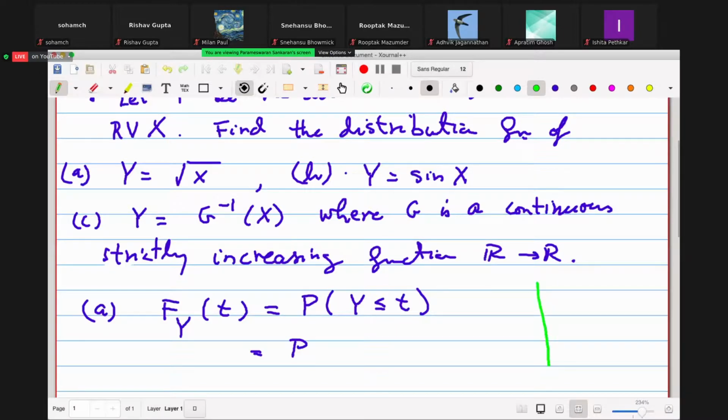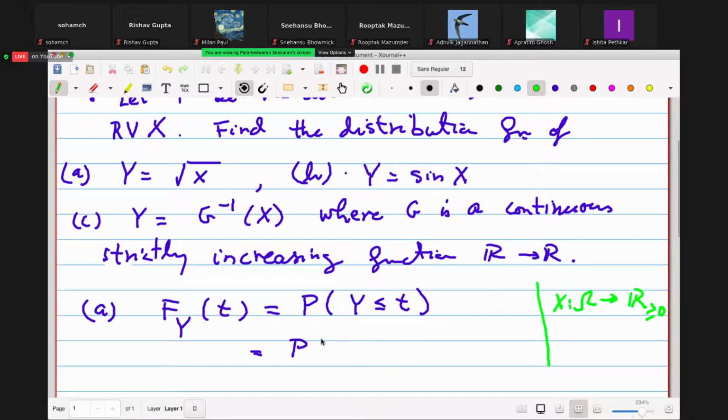X is a map from omega to real numbers. We'll assume that X takes values in R plus, so R greater than or equal to 0, so that you may be able to write the square root of X. So assume that.